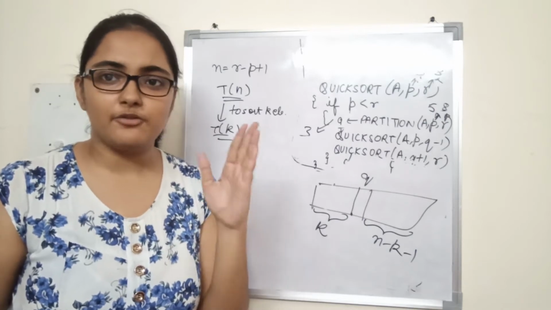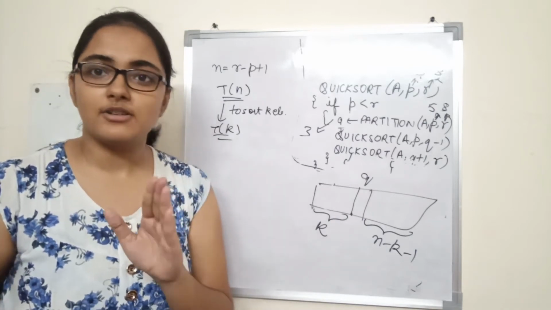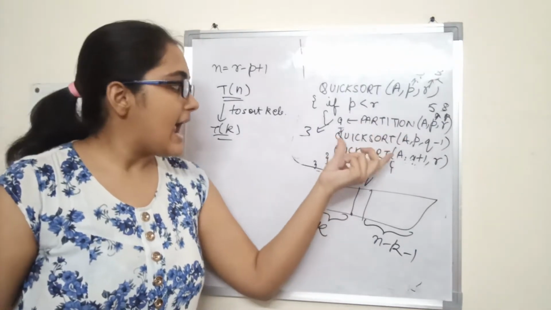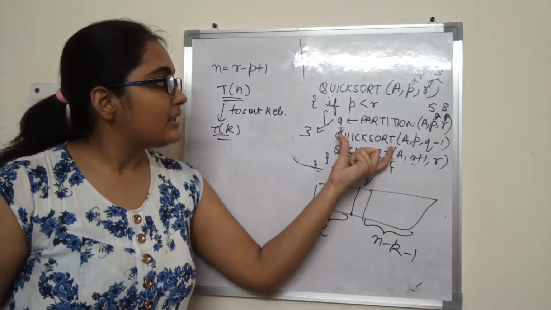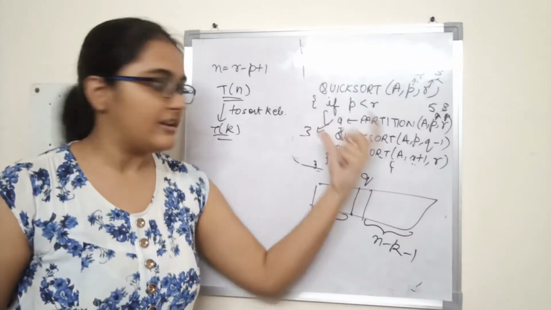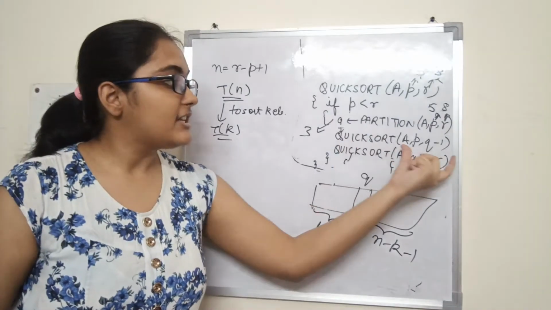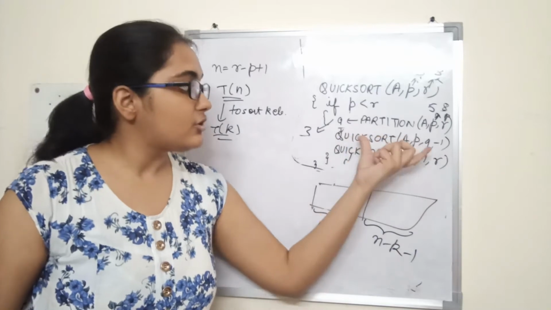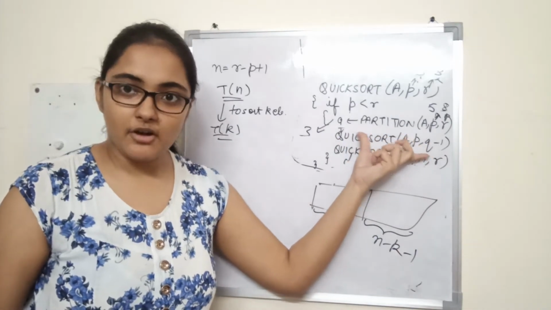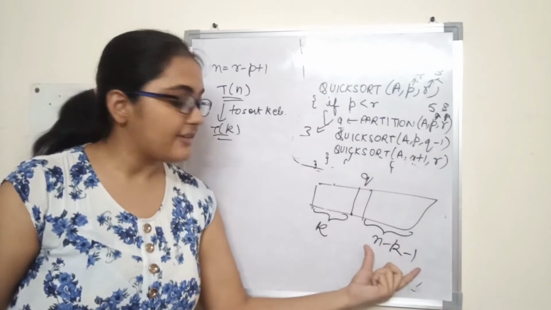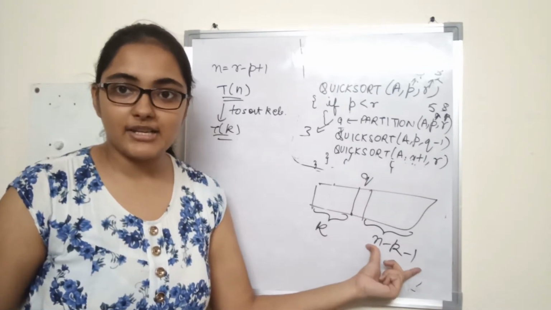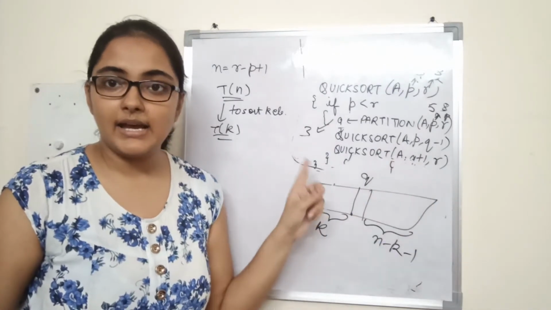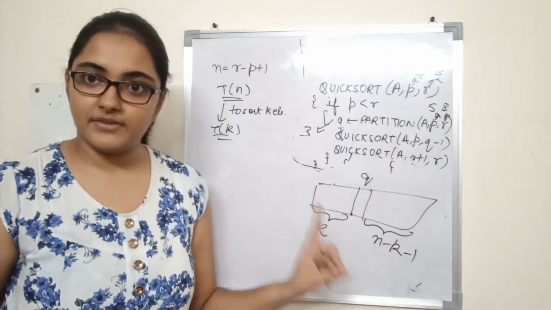If we assume that the time taken by quicksort to sort n elements is T of n, then when it is called on a partition of size k, it will take T of k. When it is called on the second half containing n minus k minus 1 elements, it will take T of n minus k minus 1.